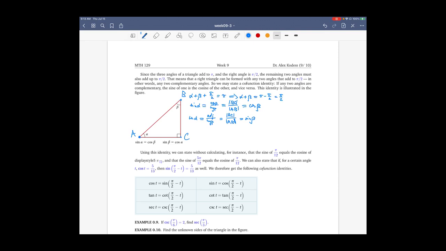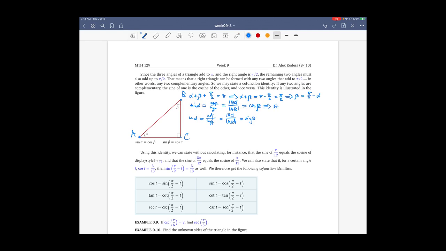Now, on the other hand, from the first line, we see that beta is pi over 2 minus alpha because the two angles add up to pi over 2. And from sine alpha being cosine beta, we have an important identity.